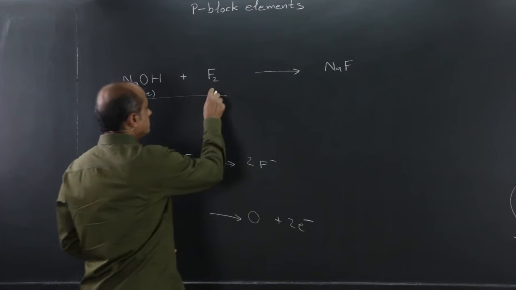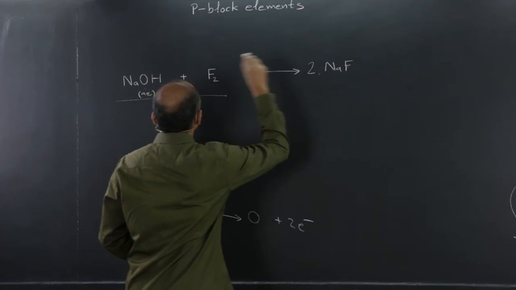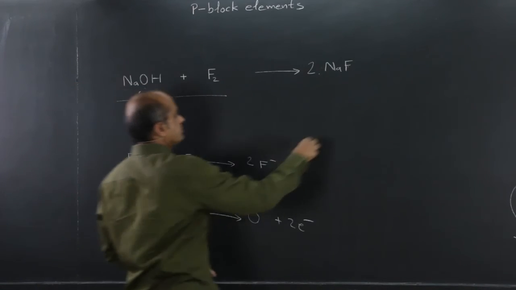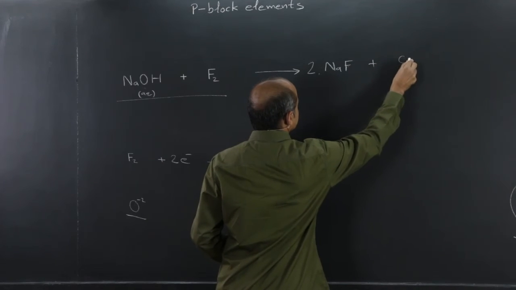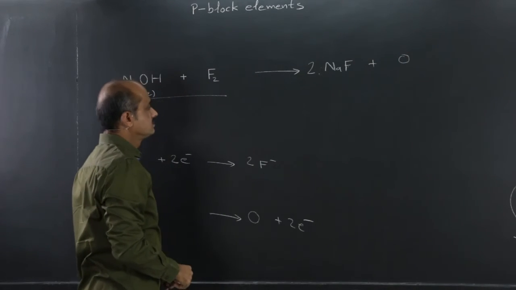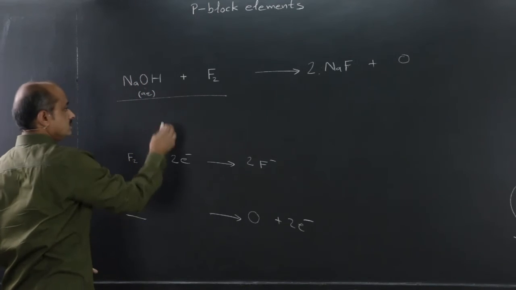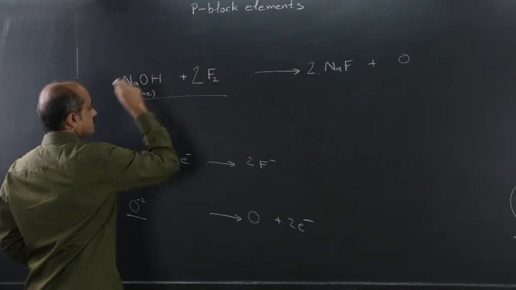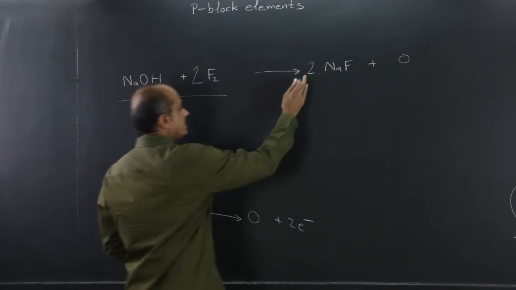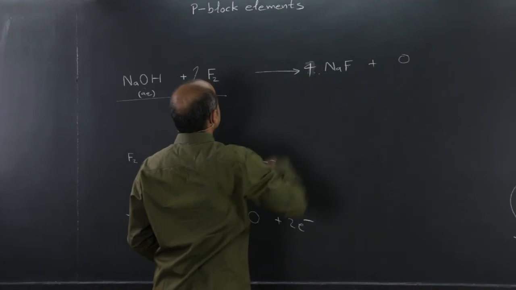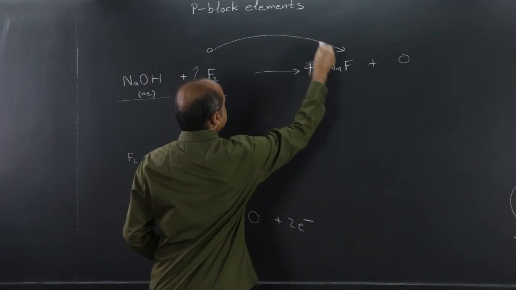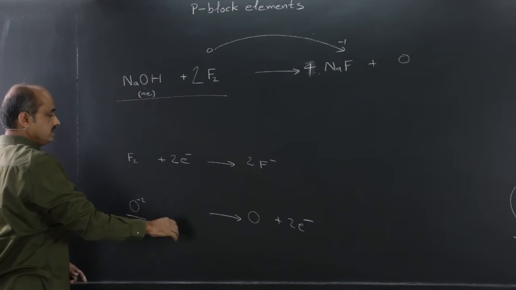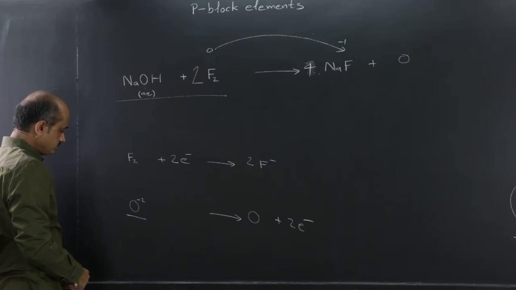So if we take one fluorine atom, it will form NaF, and correspondingly one nascent oxygen, but oxygen is present in the form of O2, and therefore let us take 2 molecules of fluorine. Therefore automatically this 2 NaF will become 4, meaning 0 fluorine changes to -1, such 4, and therefore -2 changing to 0.